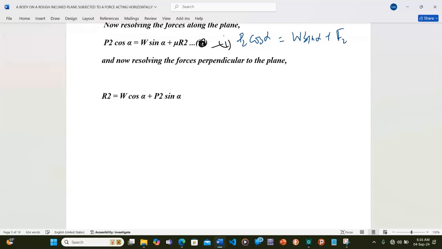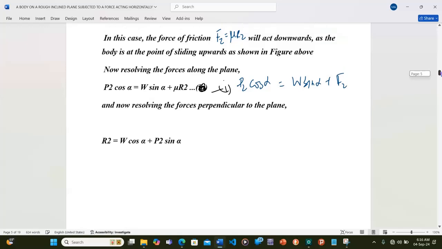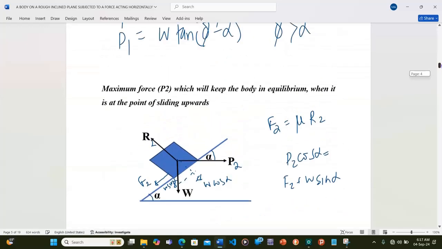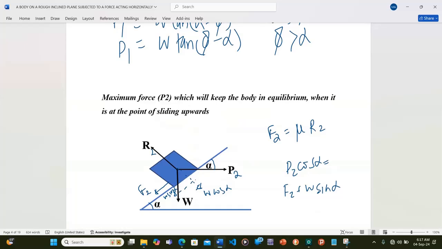Then we also need to obtain another equation, and we do this by resolving forces perpendicular to the plane. Always, we resolve forces along the plane and forces perpendicular to the plane.